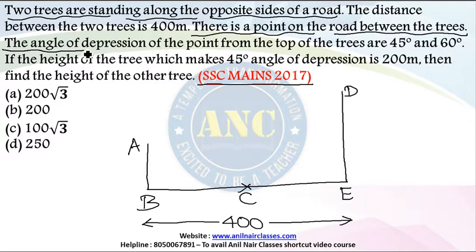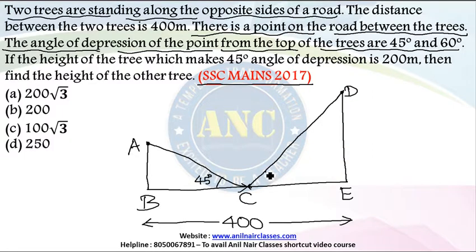The angles of depression of the point from the top of the trees are 45 degrees and 60 degrees. Top of the first tree, angle of depression is 45 degrees to this point. This is 45 degrees. Top of the second tree, angle of depression is 60 degrees. This angle is 60 degrees. I hope you are understanding.